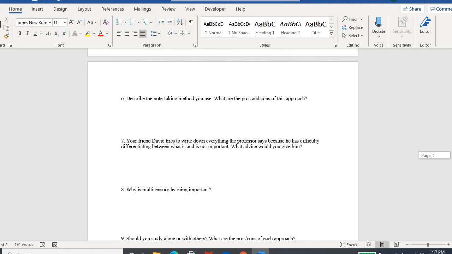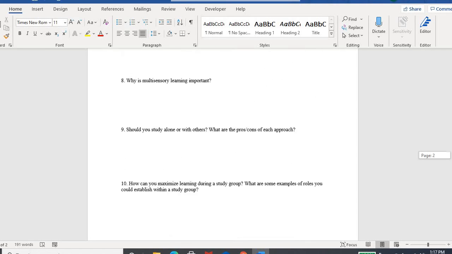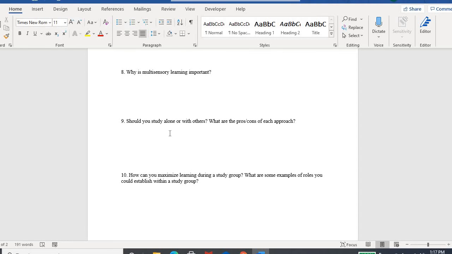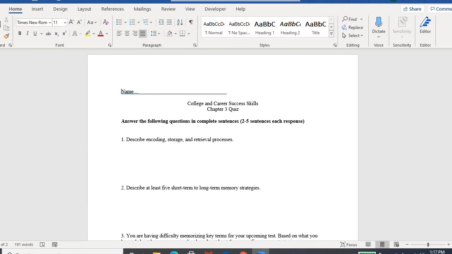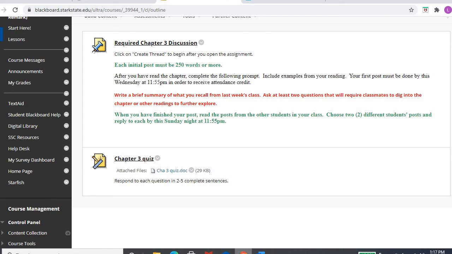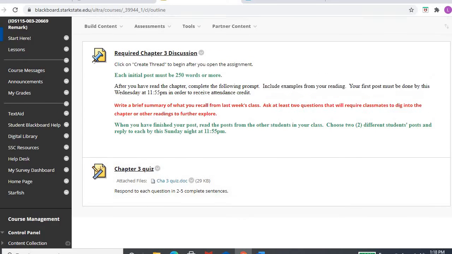Make sure you're addressing all parts of the question. For example, both 9 and 10 are 2-parters. Should you study alone or with others? What are the pros and cons of this approach? Most of these only require a couple of sentences, but make sure you're in that 2 to 5 sentence range as a response. That'll be due by Sunday, the 25th.